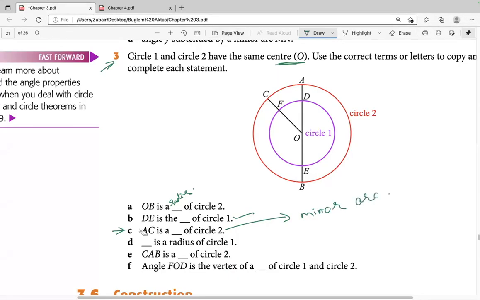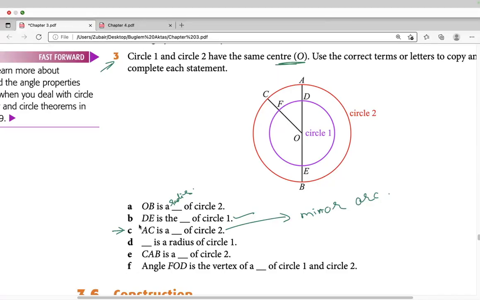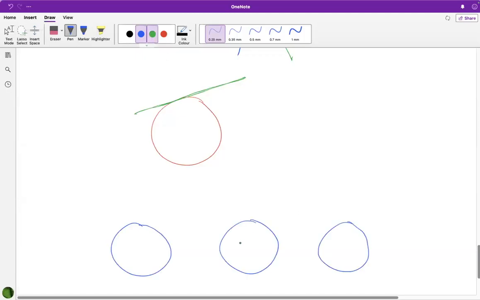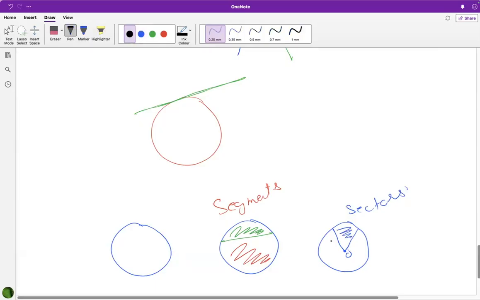Let me differentiate them. This is the circle, another circle, and a third circle. This is green and red. These are segments. And when we slice through the center, these are sectors. Sectors and segments are areas actually. And this line in red is the length on the circumference, so this is arc length.